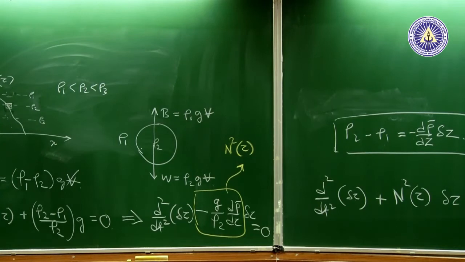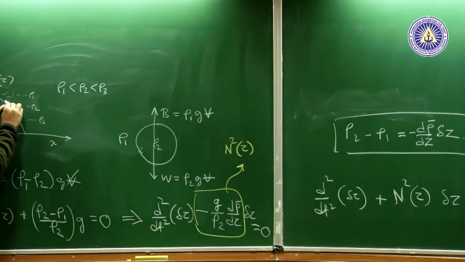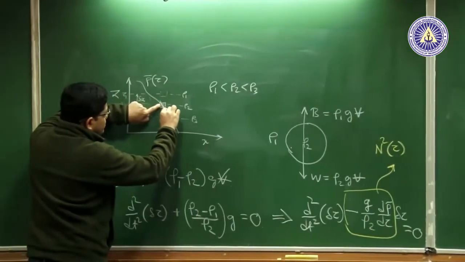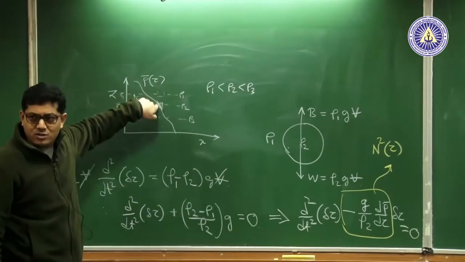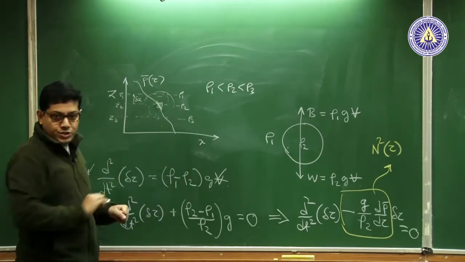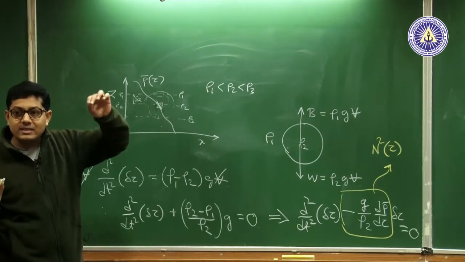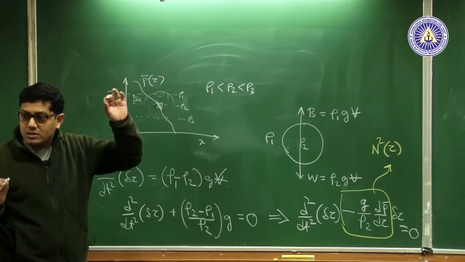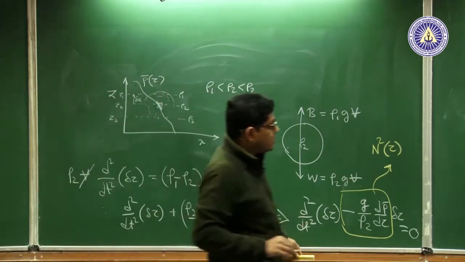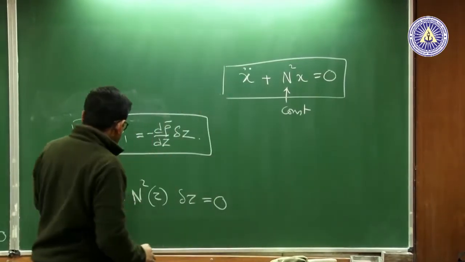It is absolutely the same, except that since you are doing a very small analysis very close to this part, you can definitely assume N square as constant, because you have zoomed in on a small region in the ocean. So you can assume that the density gradient d rho bar dz is approximately constant in that region, and you can do this analysis, and this is what you get.